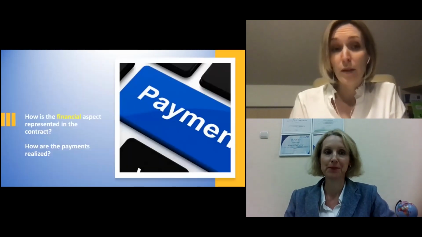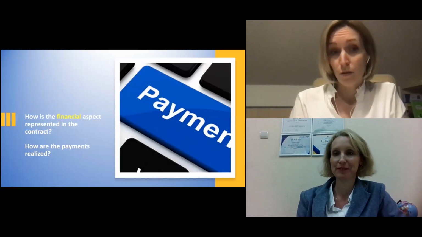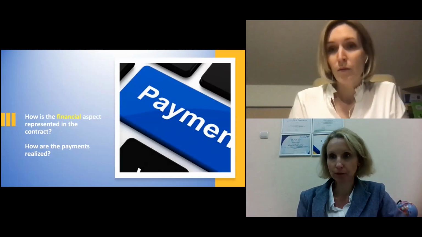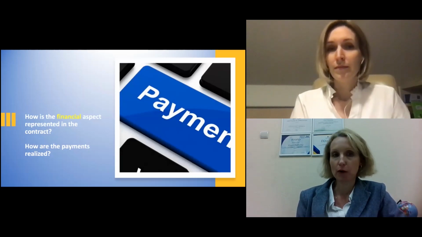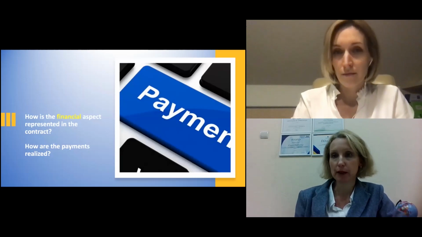So moving forward, how is the financial aspect represented in the contract, or should be represented in the contract? How are the payments realized? Of course, we definitely have to put the financial aspect in the contract.